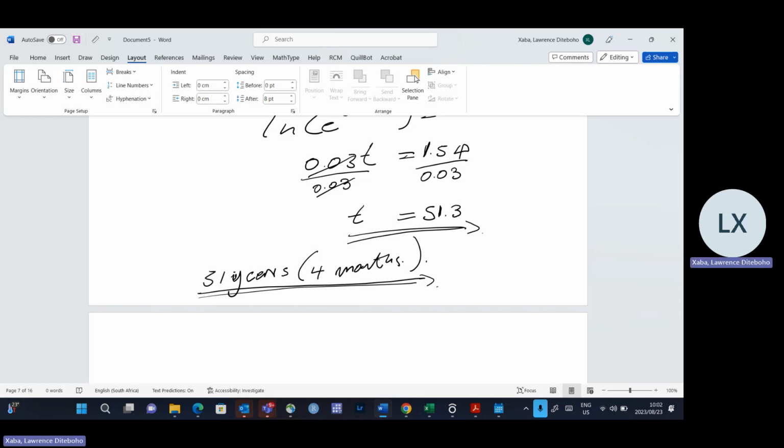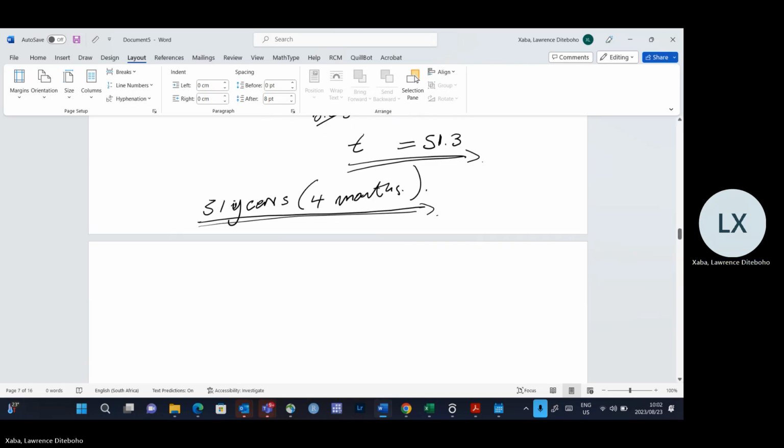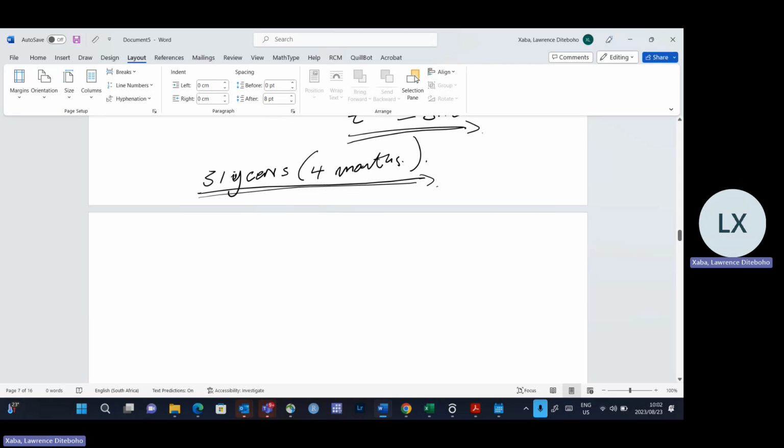And this is what we call unlimited growth. Then we have logistic growth.